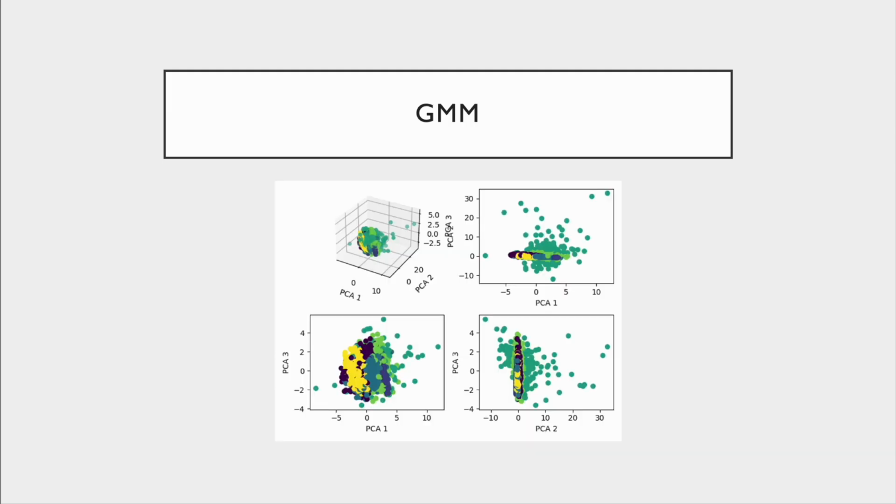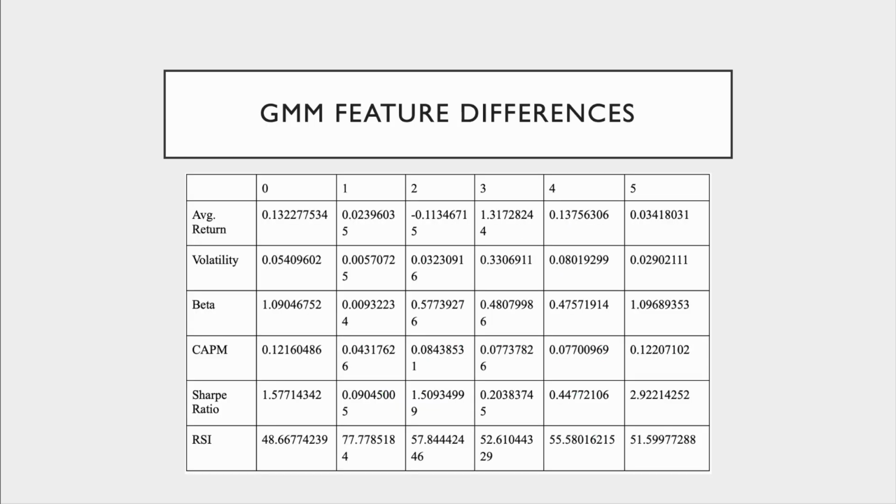For GMM, we performed similar clustering with 6 clusters, and here we have the various 2D and 3D visualizations with all the different principal components. We did a similar calculation of various feature differences within these clusters, labeling them 0 through 5, and looking at each individual feature.